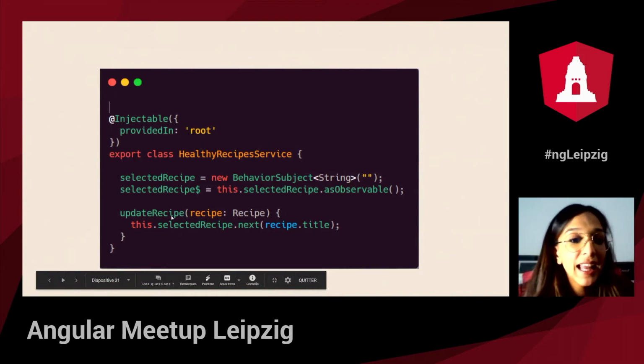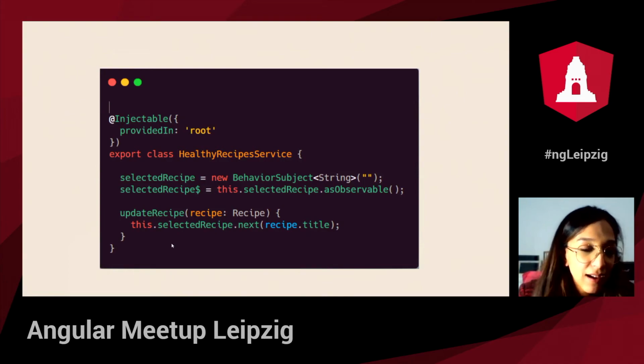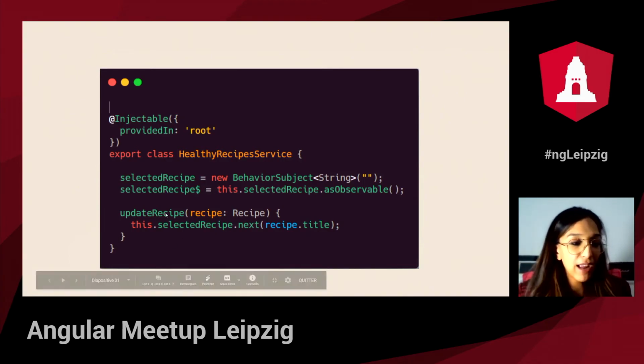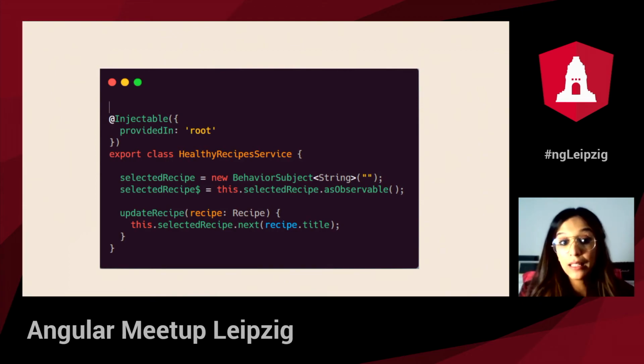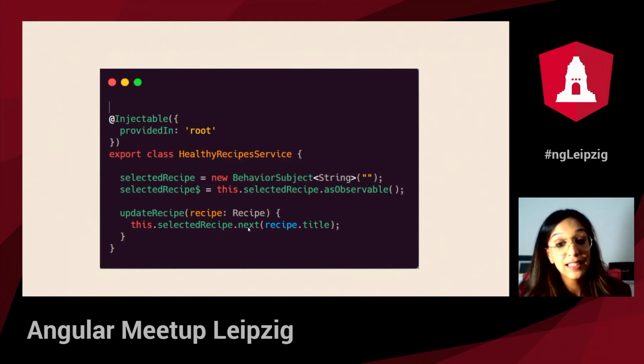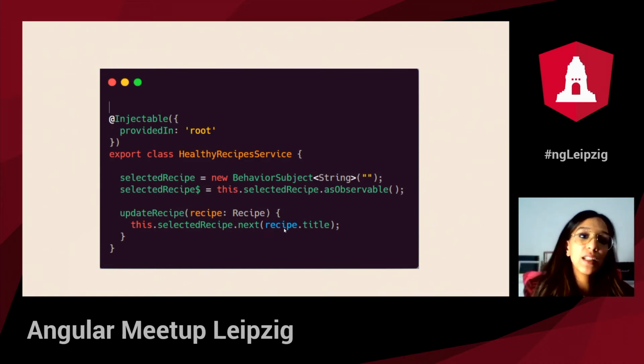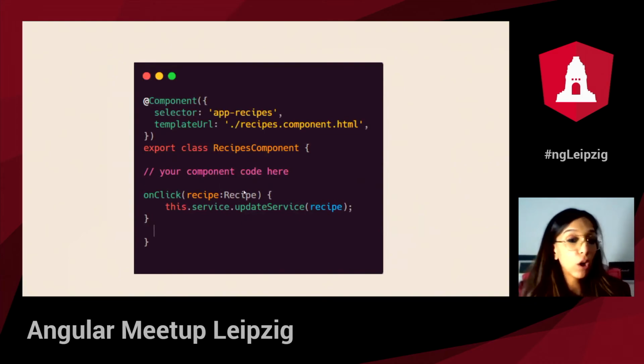Every time I want to update the recipe, I just call next on this BehaviorSubject with the information. In my case here, it's the recipe title. So every other subscriber in this application will get notified that this is the selected recipe. In your component, on a click event, for example, or any other event, you can trigger or call this method.